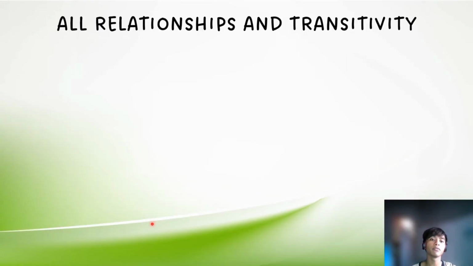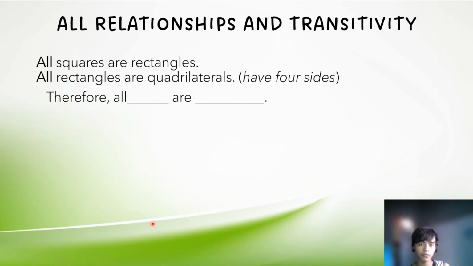Okay, we move on. First, this is an argument, as you can see on the slides. This is called premise 1, statement 1: All squares are rectangles. And this is premise 2: All rectangles are quadrilaterals. May I label it so that you will understand better.